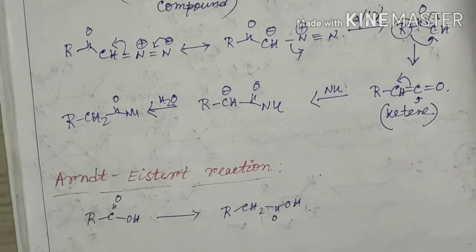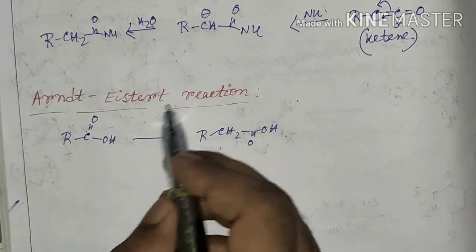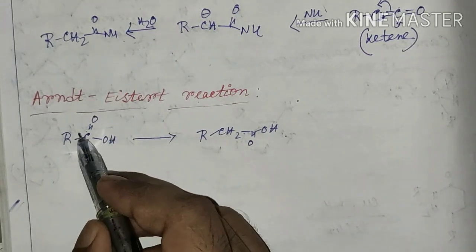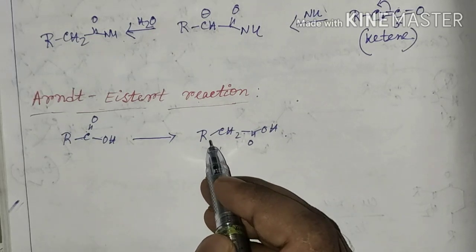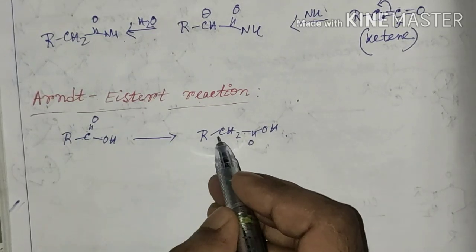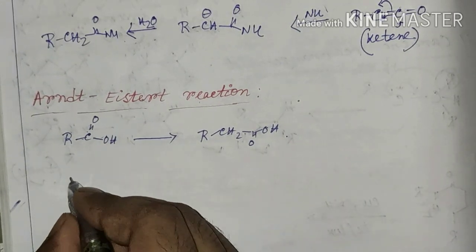Now the next reaction I will discuss is the Arndt-Eistert reaction, and using this reaction a carboxylic acid is converted to its homologous acid, that means a carboxylic acid with one carbon more, and the reaction proceeds like that.